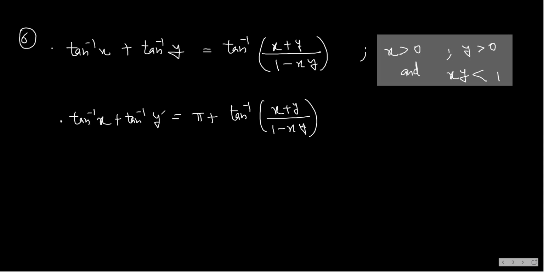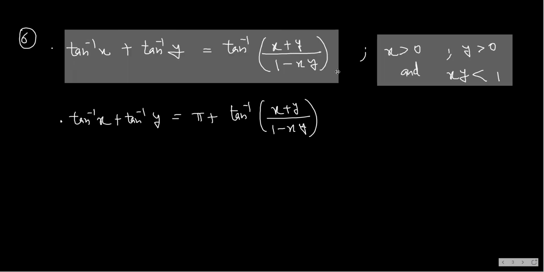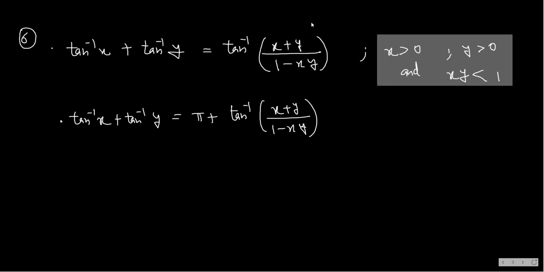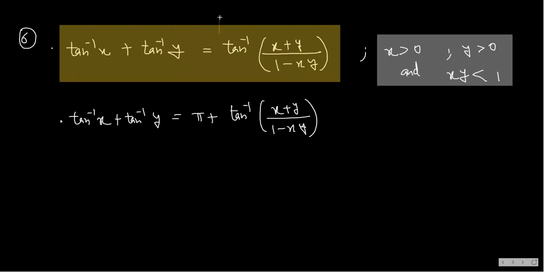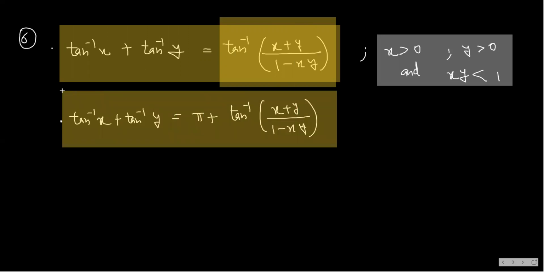Here before, you wrote tan inverse of x plus y upon 1 minus xy. Now you are writing the same thing once again, but you are adding pi. These two are the same, but you added pi.